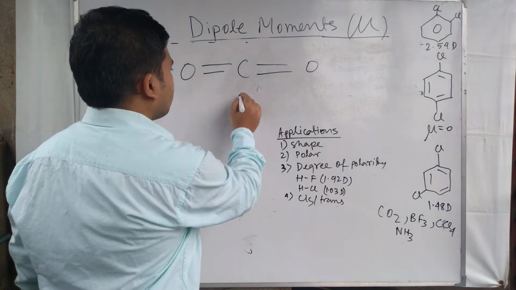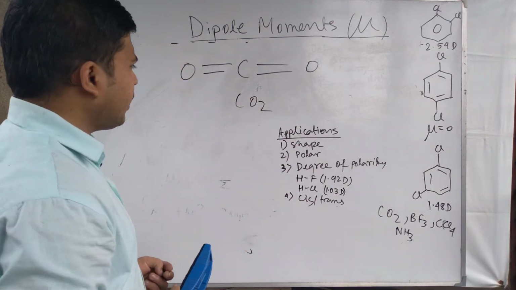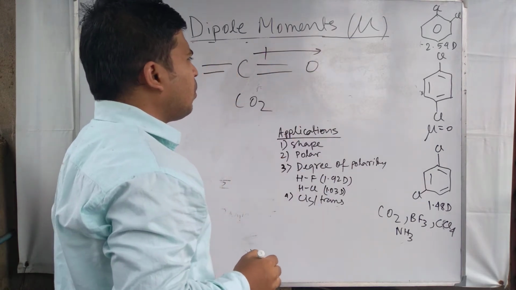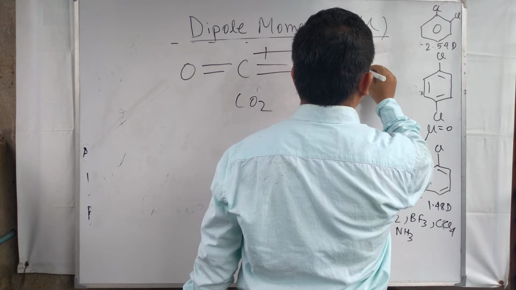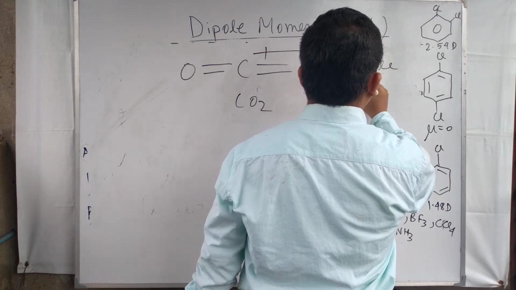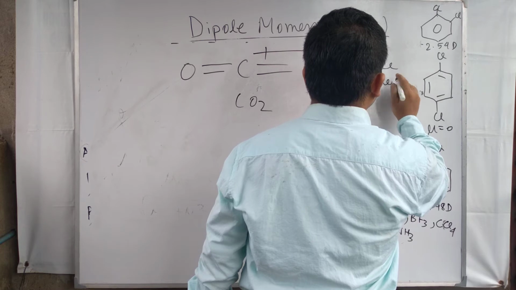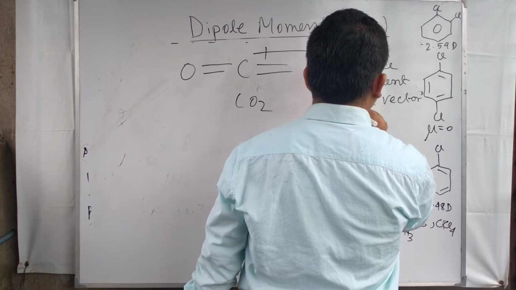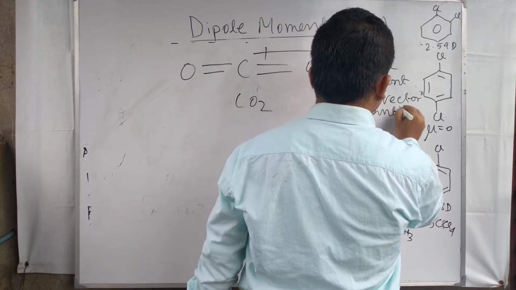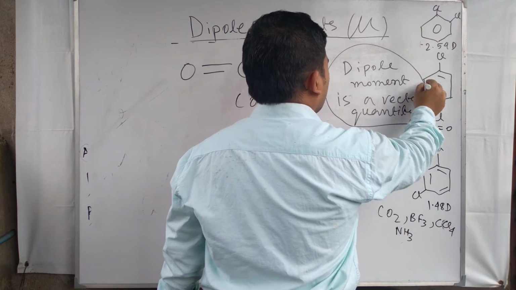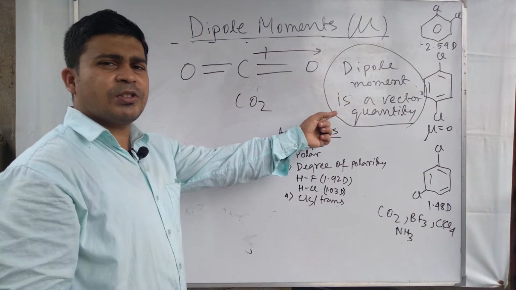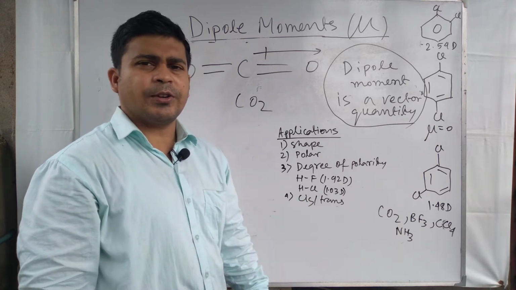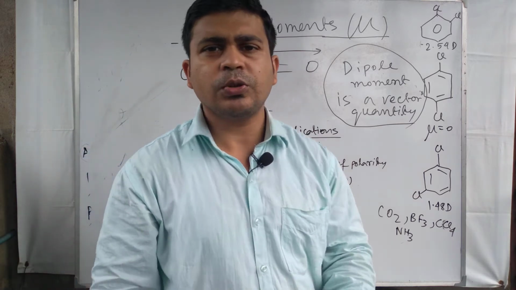For this case, the dipole moment is a vector quantity. You always have to remember this point, that dipole moment is a vector quantity. It has magnitude as well as direction. It is dependent on both magnitude and direction.